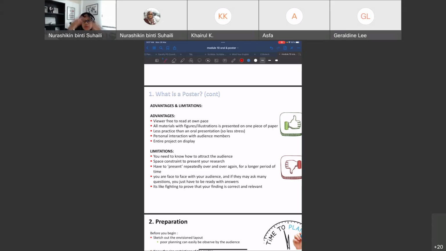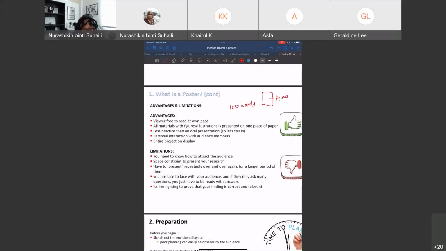Because a poster is less wordy by nature, it should be less wordy, and it should contain more illustration. Illustration means the graphs, figures, and pictures. That will help assist the understanding of the content.